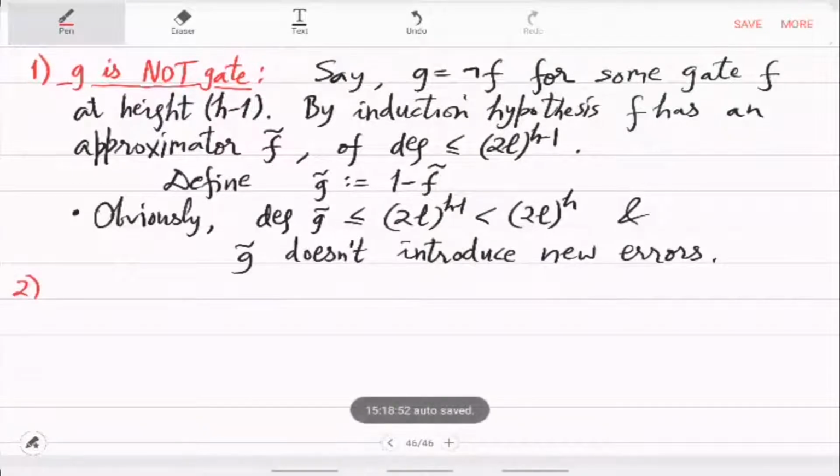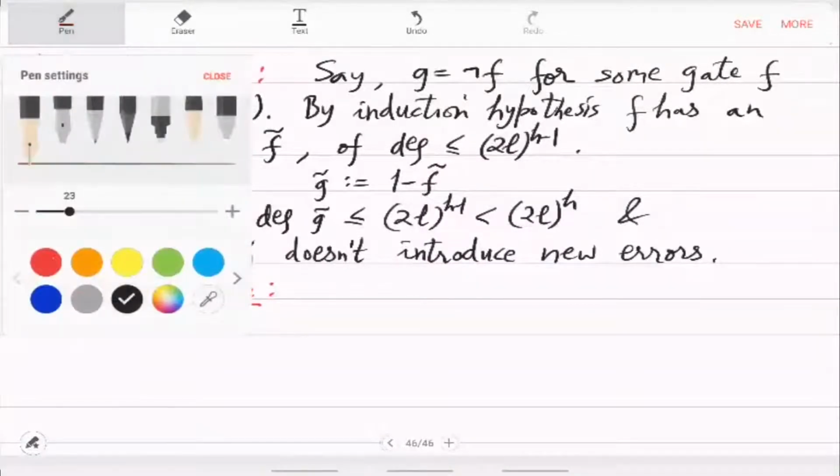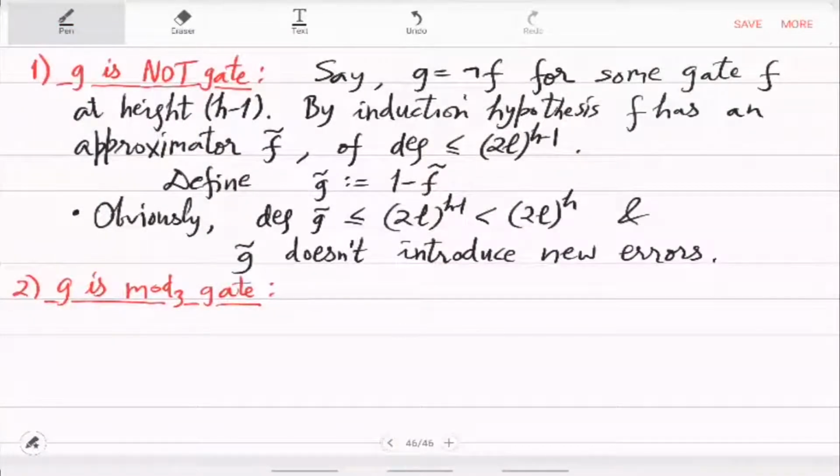What happens when G is a mod 3 gate? Remember, there are three types of gates: NOT, mod 3, and OR. So the second induction step is for the mod 3 gate. Say G is computing mod 3 of k inputs, f1 to fk. These are k input gates.